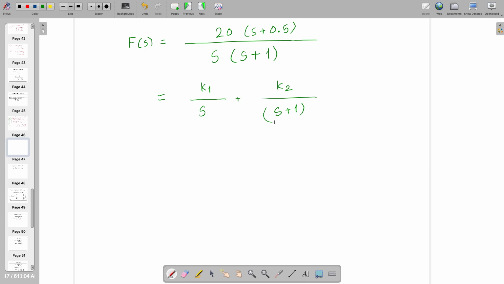Use your technique. Look, I have not taught anything else. Whichever technique is known to you, please follow that and find out K1 and K2. 10, 10. Okay. How did you find out this? Okay, so you just manage it.